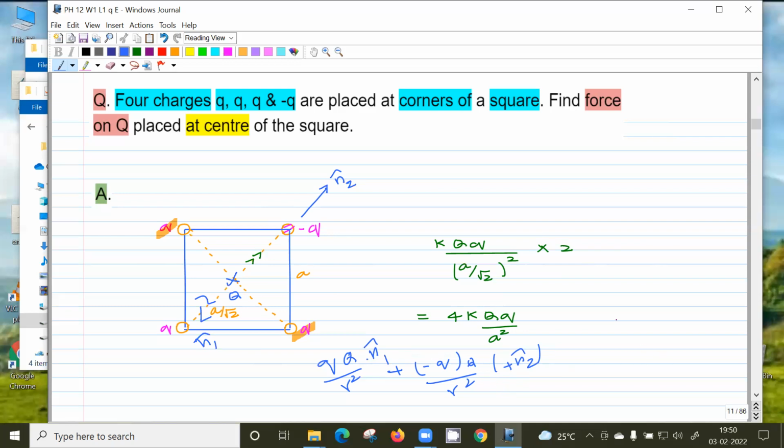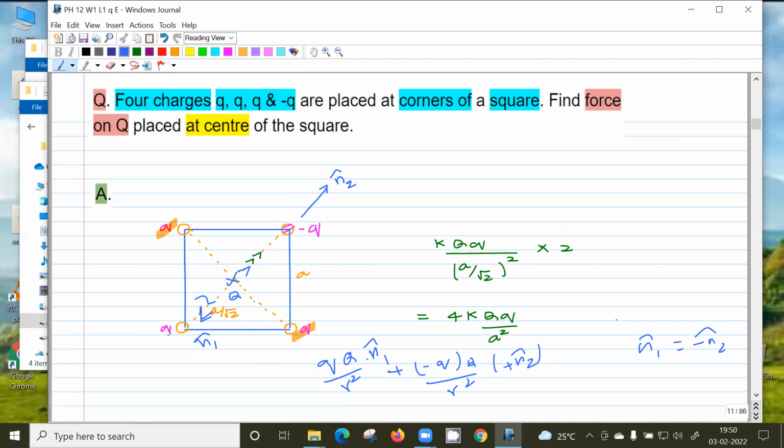And n1 cap equal to minus n2 cap. So that will be n cap only, sir. No. See, capital Q is the origin, and the direction of this unit vector should be away from this capital Q. So for this force, I have to choose this unit vector n1 cap, and for this charge, I will choose this unit vector in this direction.